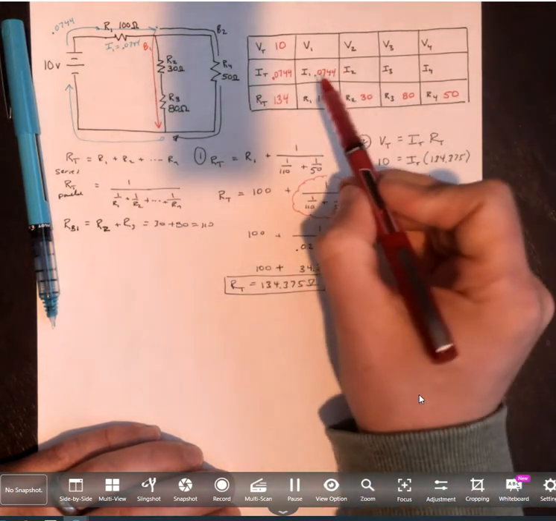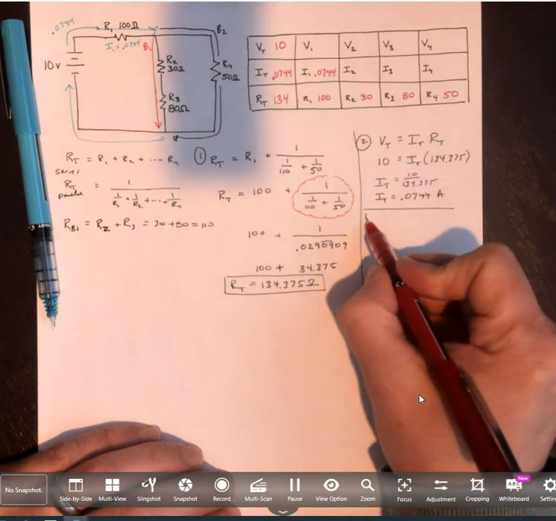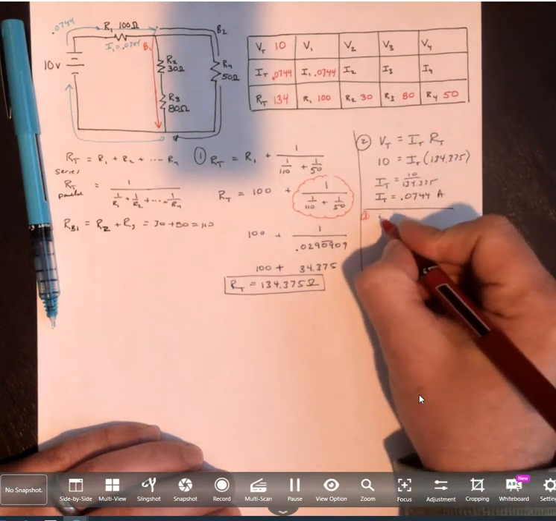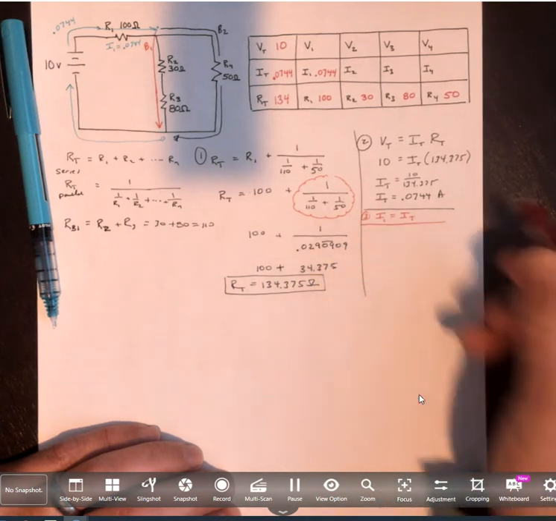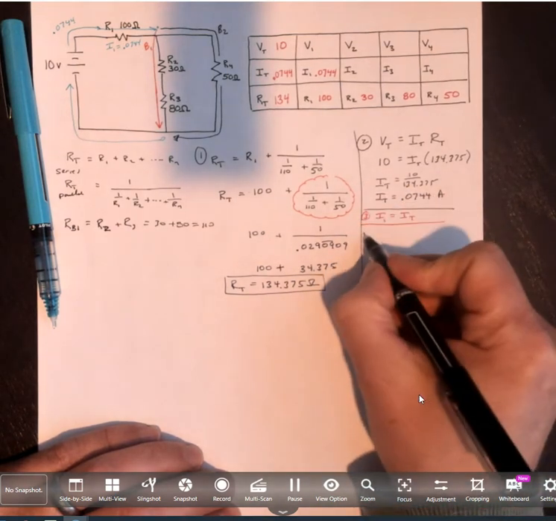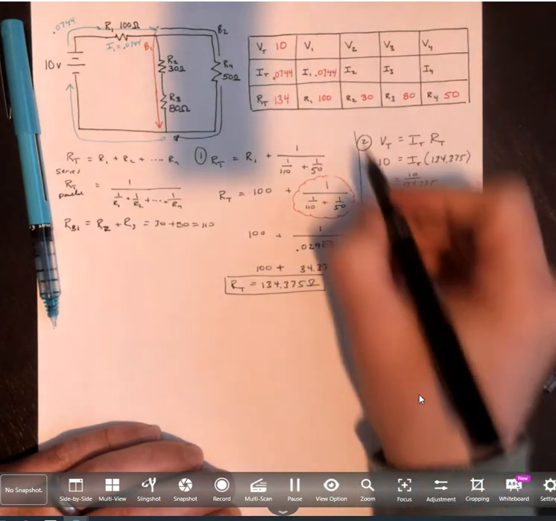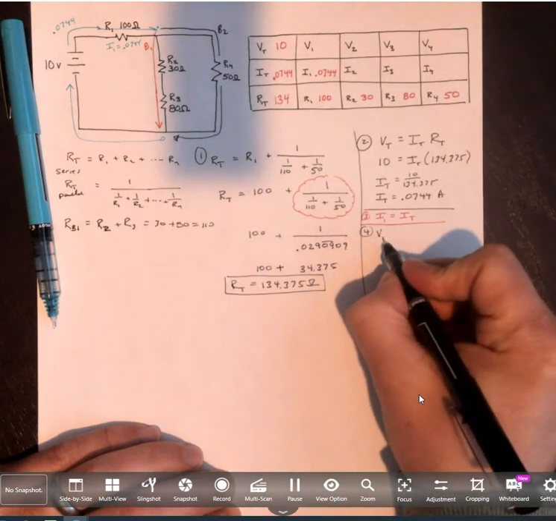But because I knew that I1 was going to be equal to IT, that figuring out unlocks Ohm's law at the first component.